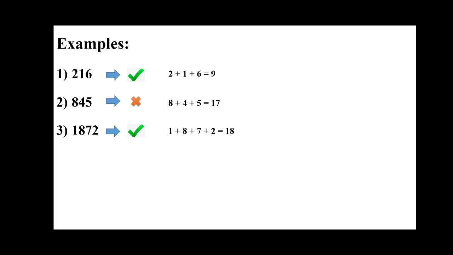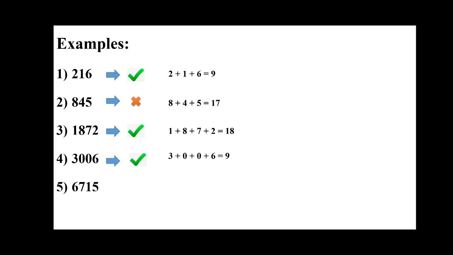So 1872 is divisible by 9. Next, 3006. 3 plus 0 plus 0 plus 6 is equal to 9. 9 is divisible by 9. So 3006 is divisible by 9.